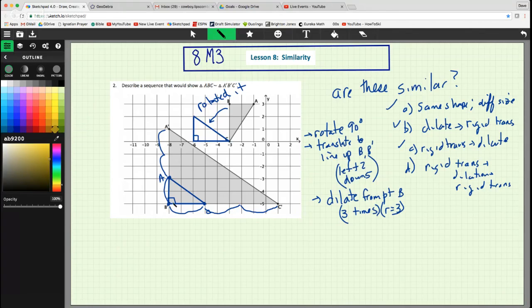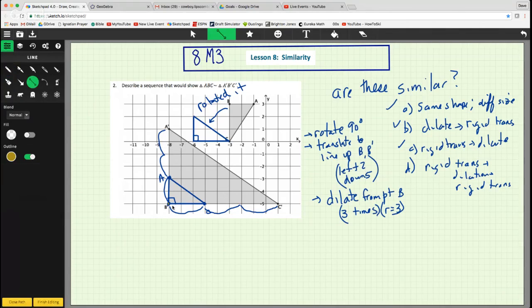Okay, so if we dilate about point B, A has got to go straight through point A three times, and B has got to go straight through point C, 3 times. So our new points are A prime and C prime, and B prime is right on top of itself.